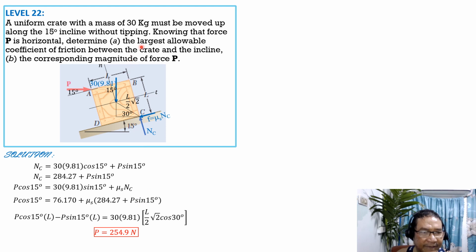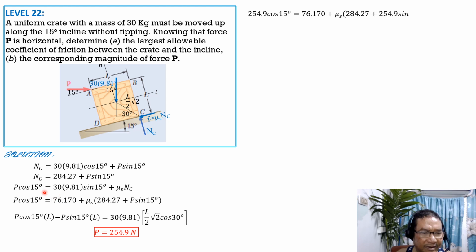So because of this condition, we have to compute the largest allowable coefficient of friction. And to do that, we substitute the value of P into this equation, leaving mu sub S as the only unknown. So P, 254.9, cosine of 15 degrees; we canceled out L, by the way.